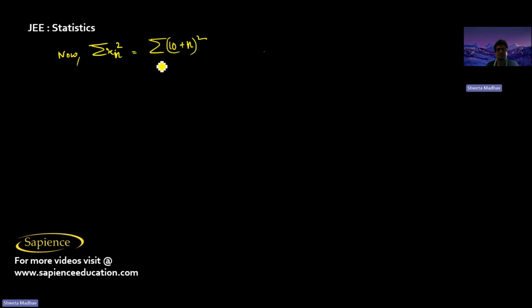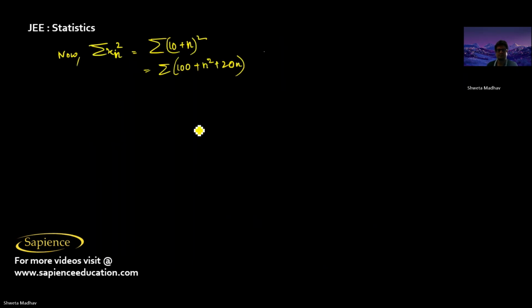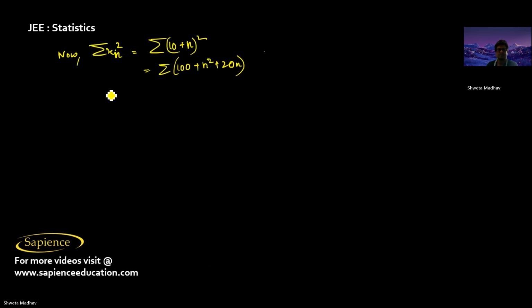That will be equal to summation of 100 plus n square plus 20n. It will be equal to 100, and that is 31 terms, so n goes from 1 to 31.